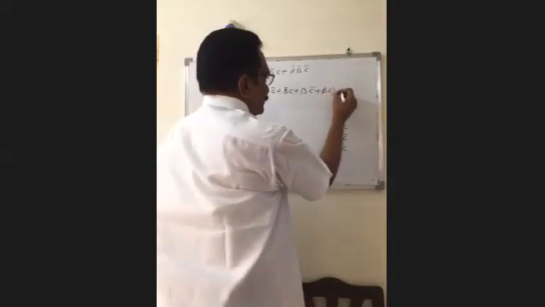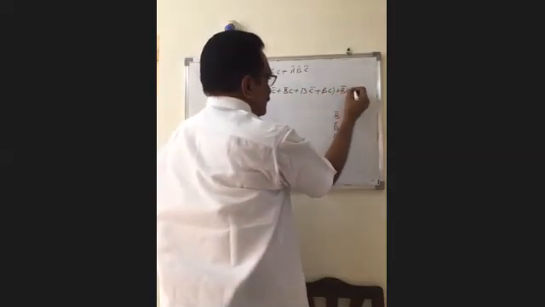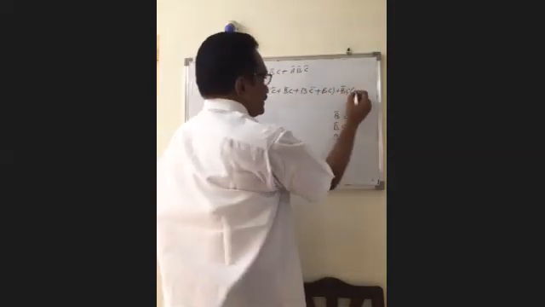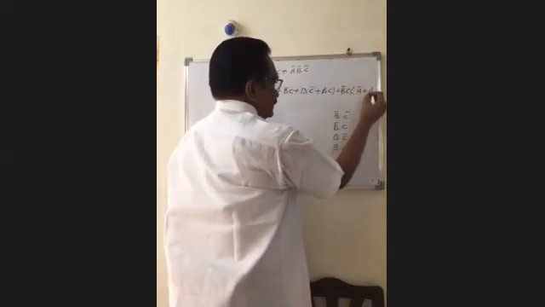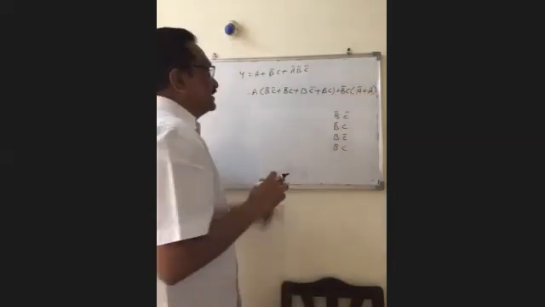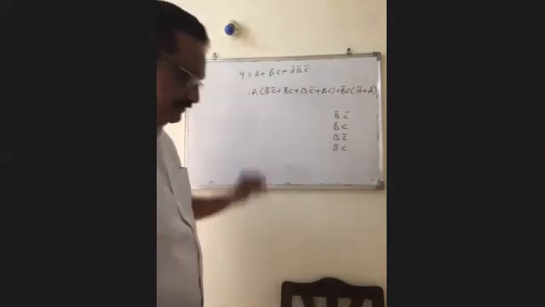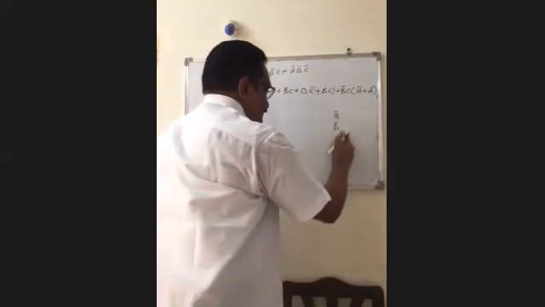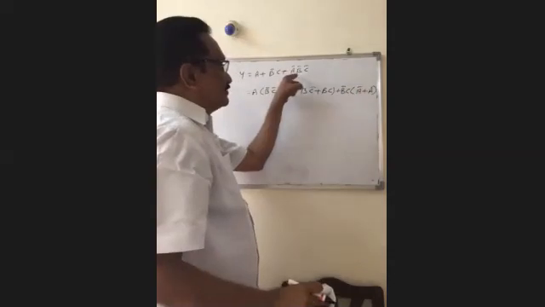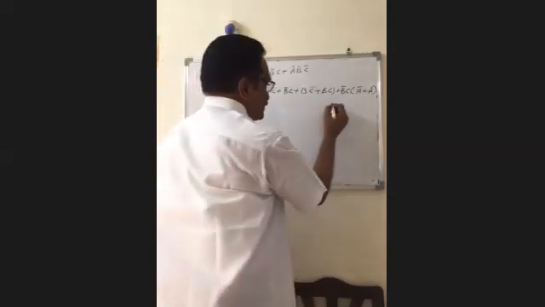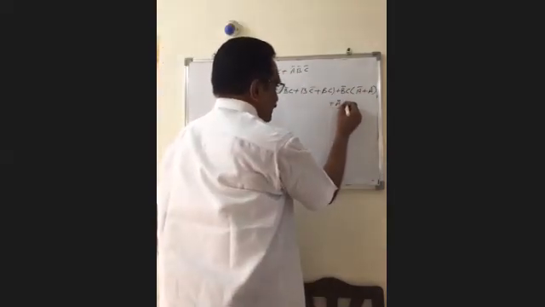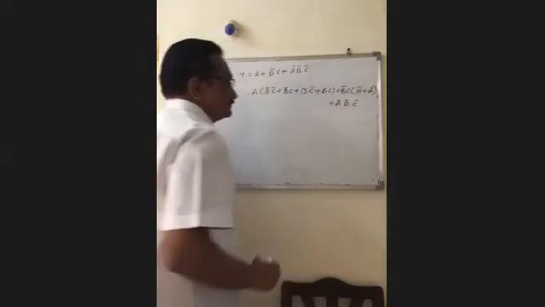So for that one, you have to write b bar c multiplied by a bar plus a. Only one variable missing, that is a, so write a bar plus a. From this one, no variable is missing, so write simply the same term, a bar b bar c bar.